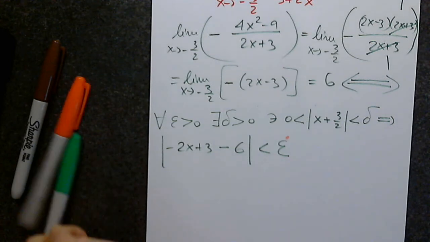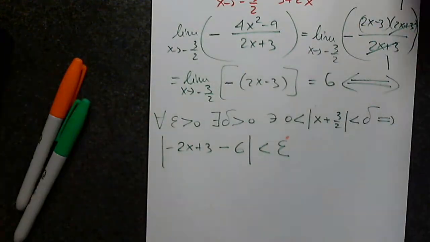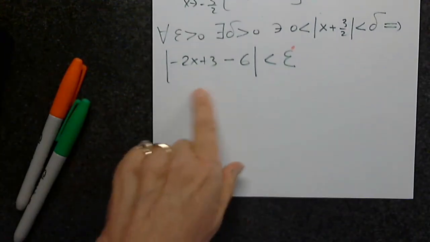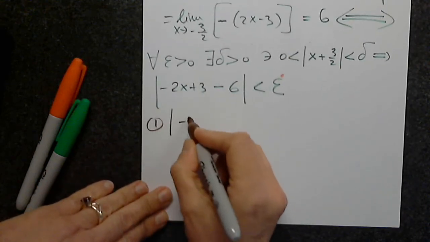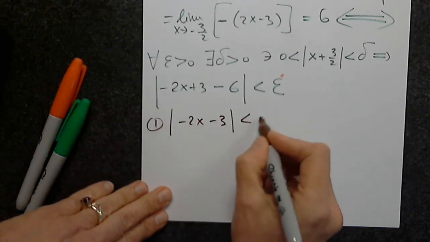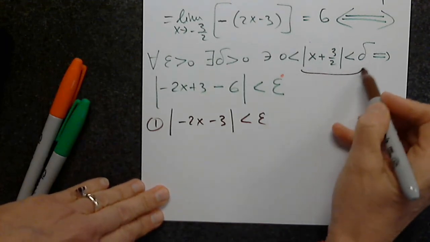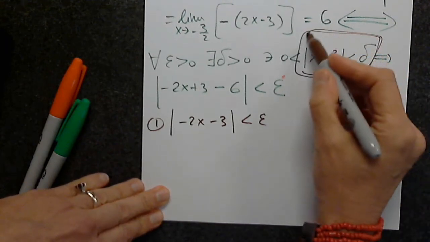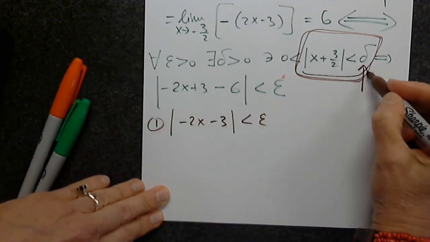Is this okay? Yes? And I have to start from the end. So number one, I write the absolute value of negative 2x minus 3. I know that this is what I'm after. From here, I need to create this in order to find delta.